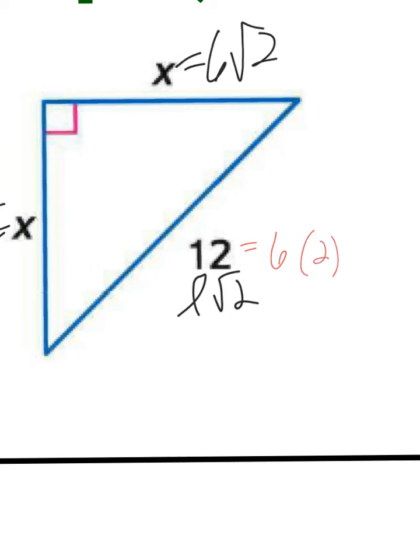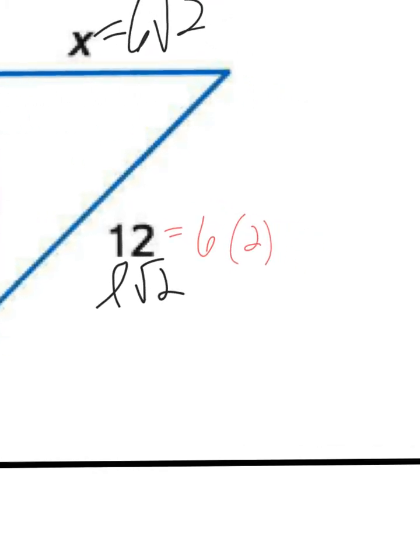The reason why I divided it by 2 is because I can make the number 2 look exactly like the square root of 2. I need to use the square root of 2 as a factor of 2. 6 times square root of 2 is 6 times 2.